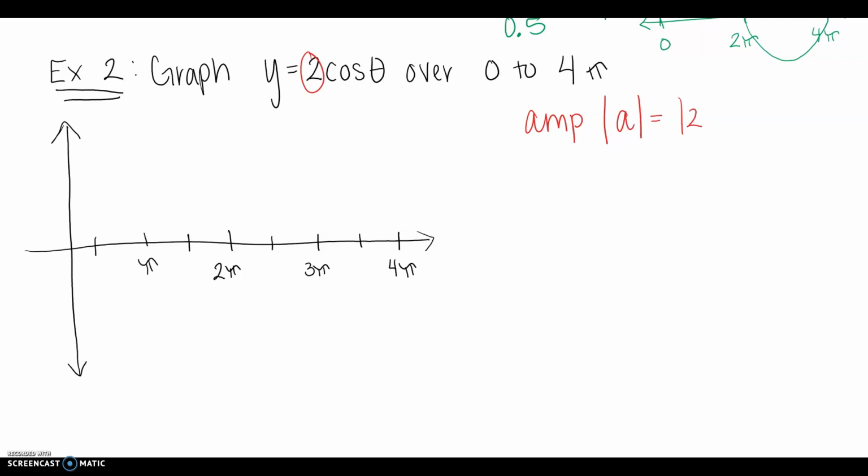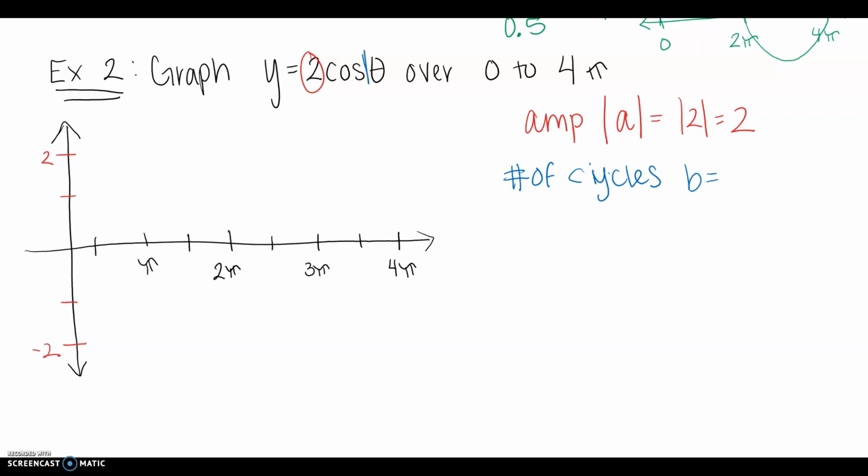So absolute value of 2, which is 2, so I'm going to go all the way up to 2. I'm going to go all the way down to -2. Okay, then find number of cycles, which is our b value.